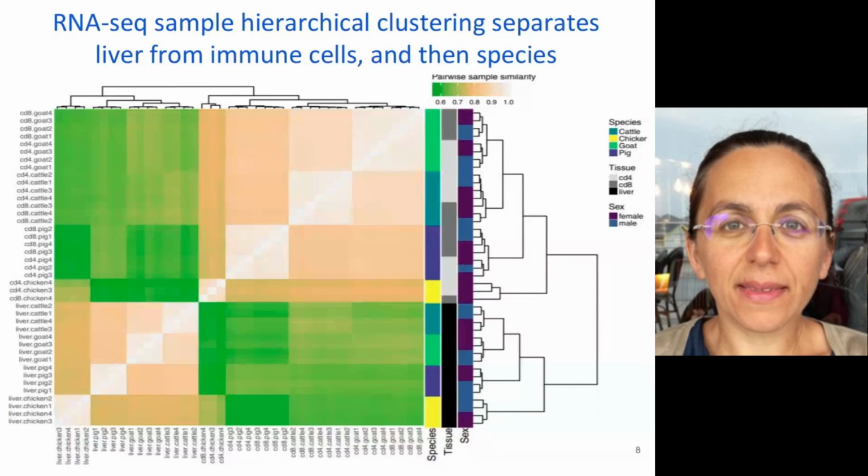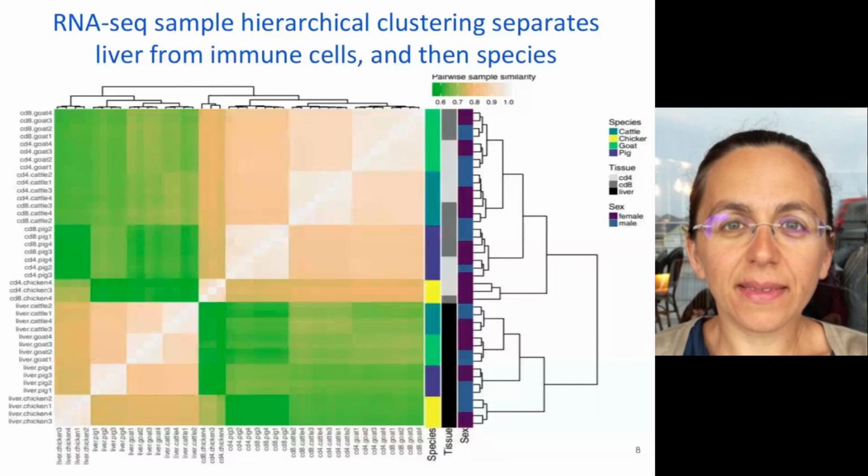One type of sample are the liver samples, and then the rest, meaning that liver samples from 2 different species are actually closer to each other than a liver sample from 1 species and CD4 samples from the same species. And then on the top, the CD4 and CD8 samples cluster by species first, and then by type of T cells.